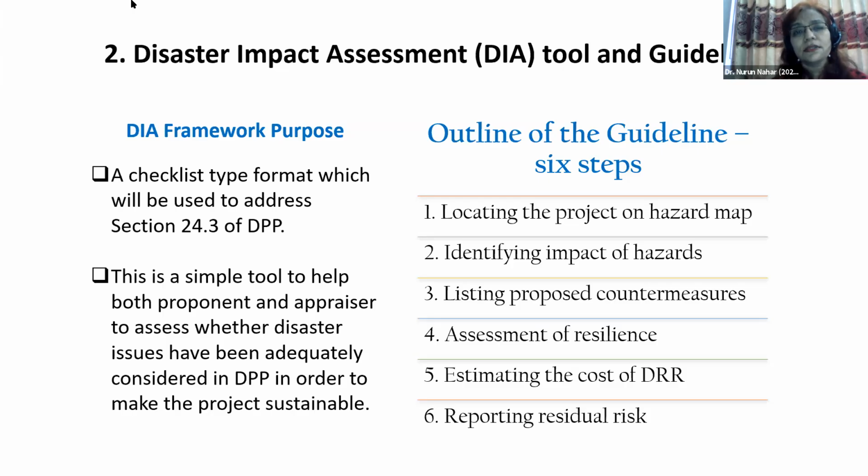So how to do the DIA, and it might be on the key sectors such as infrastructures, and the transport sectors, power sector, and whichever the Planning Commission may seem fit. Of course, it will not be one solution fits for all.